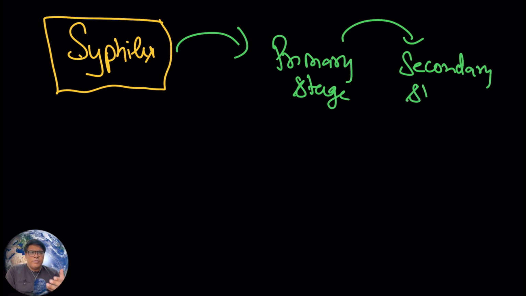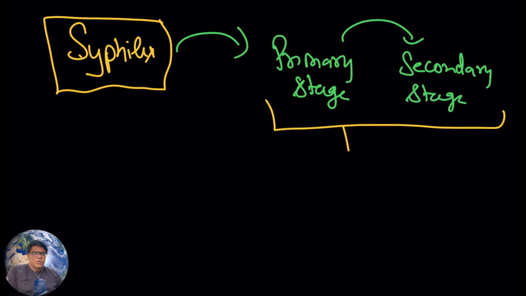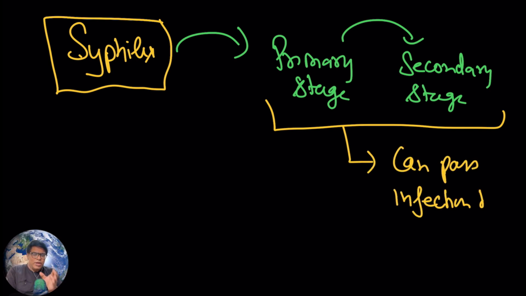I also want to tell you that in case of syphilis, you are going to have different stages: a primary stage and a secondary stage. Keep in mind, when the individual is suffering from syphilis in the primary or secondary stage, they can pass the infection to others.